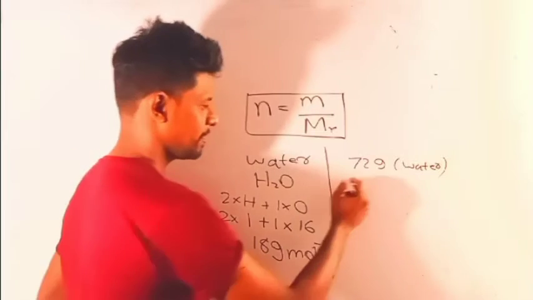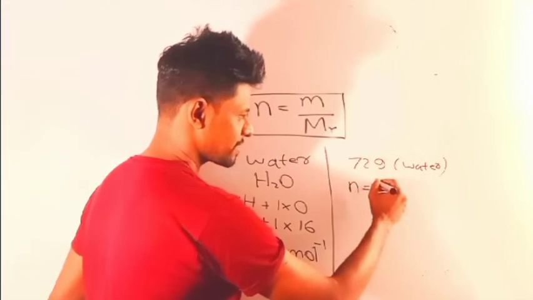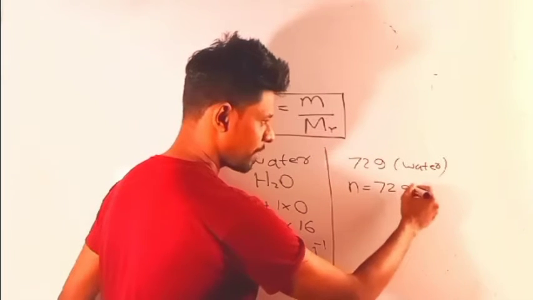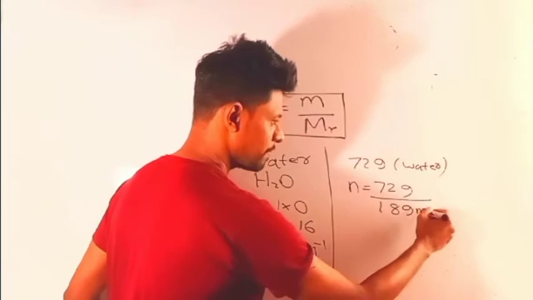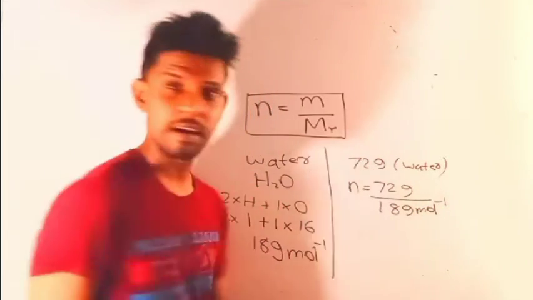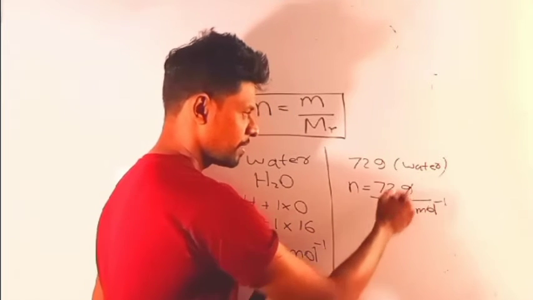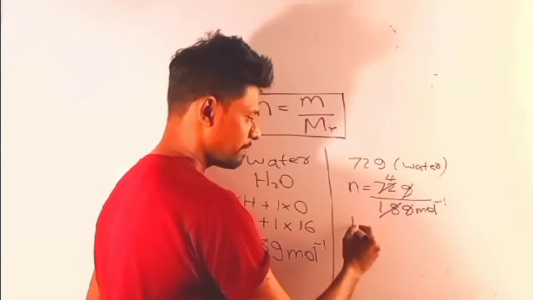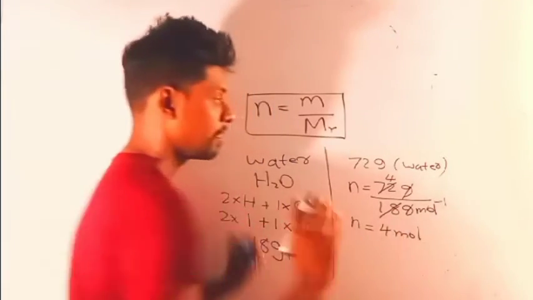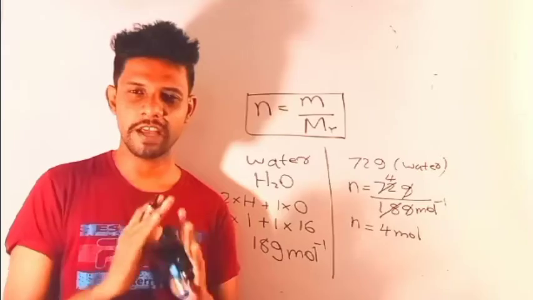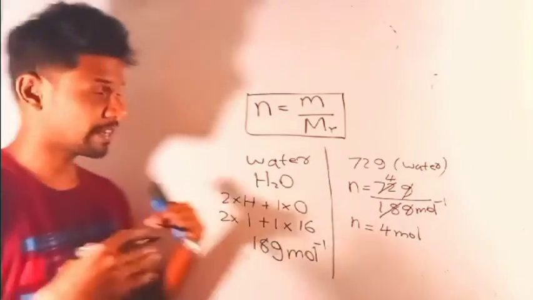It's really simple, because number of moles equals mass, that is 72 grams, over 18 grams per mole. Grams and grams cancel off, mole to the power minus 1 comes up. There are 4 of these, so the number of moles is nothing other than 4 mole. Very simple. Extremely simple. We can apply this to calculate any other thing.